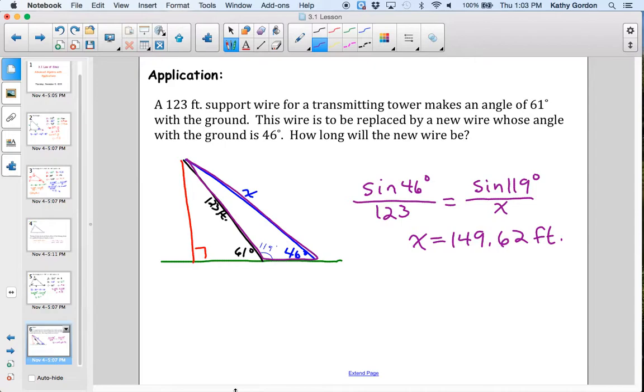Next class on Monday, we're going to talk a little bit about law of sines, because there's one situation with triangles where we get kind of weird answers from law of sines, and we need to know how to deal with those. So we're going to talk about those next class.